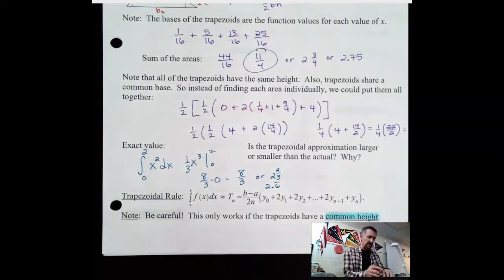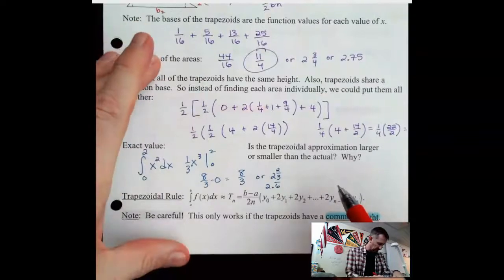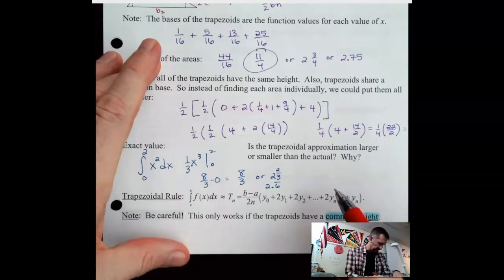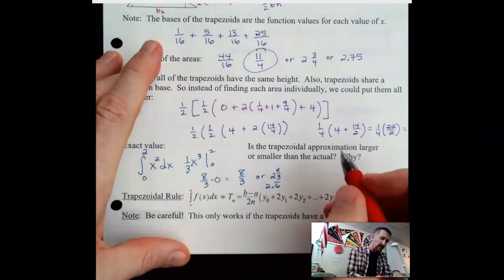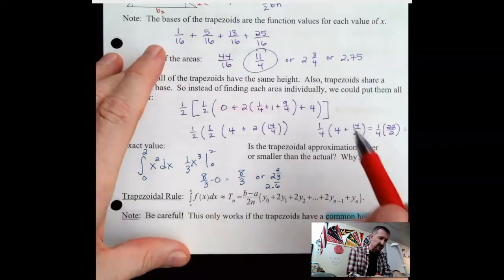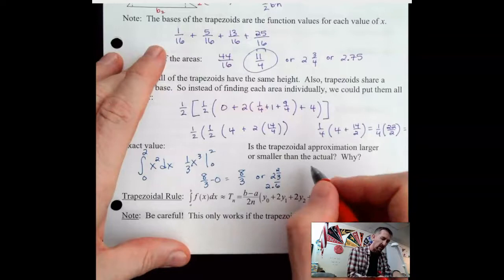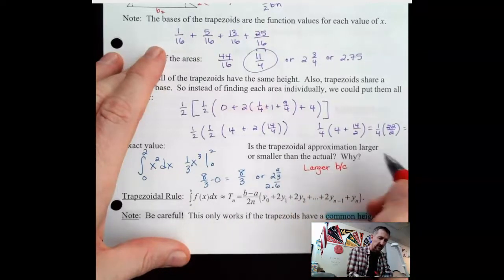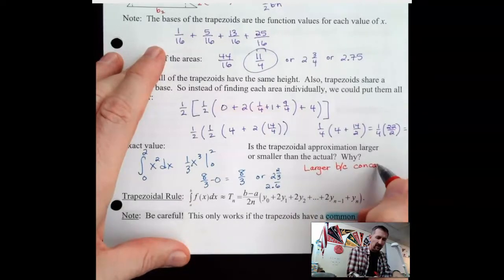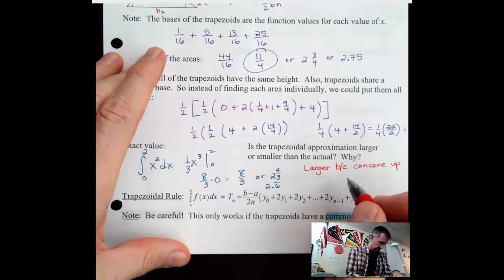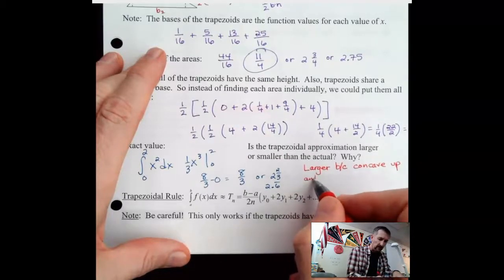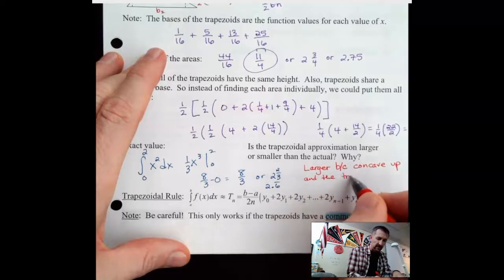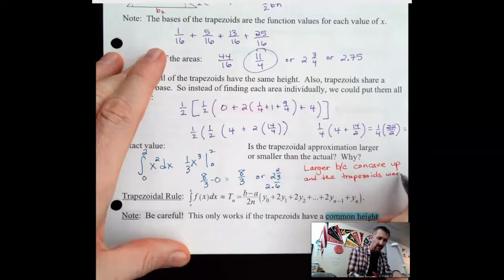So it says, is the trapezoid larger or smaller? I was talking about that earlier, those little slivers in between there. So it's larger, the approximation is larger because the graph was concave up, and the trapezoids were above.